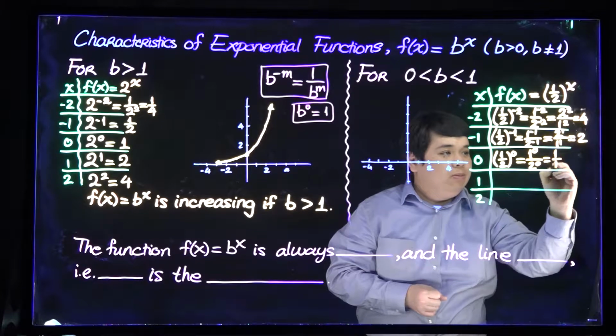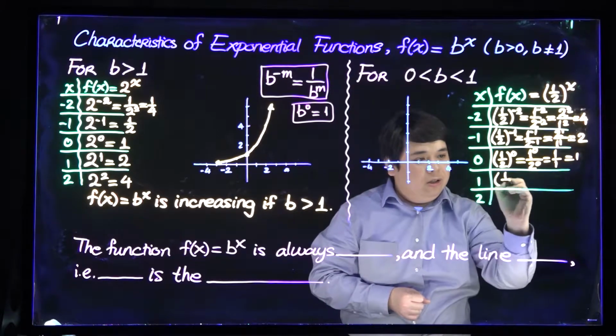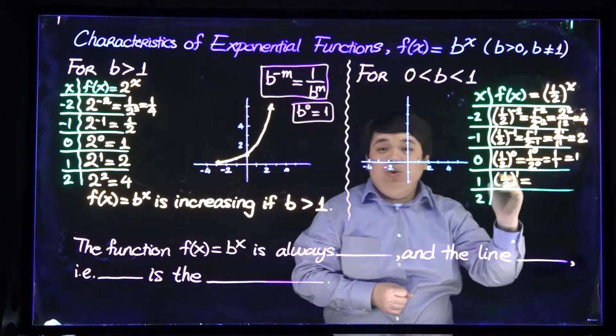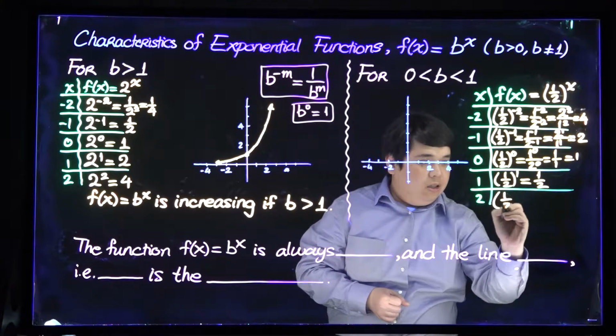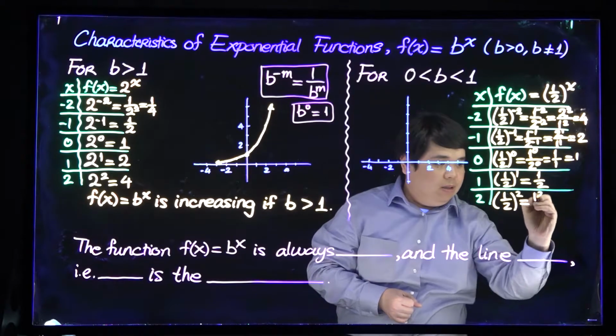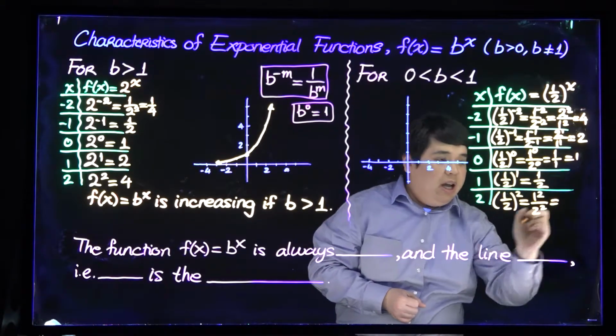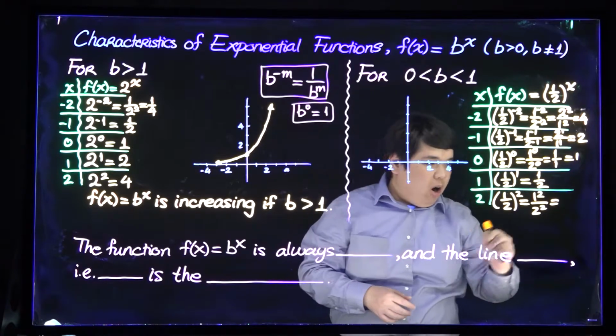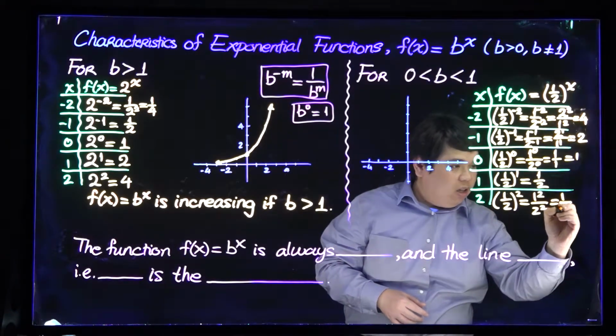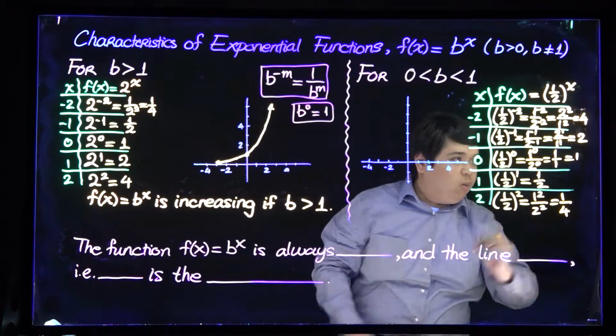Anything to the first power is itself. And 1/2 to the second power: the power goes to the top and to the bottom, so we have 1 over 2 squared, which is 1/4.